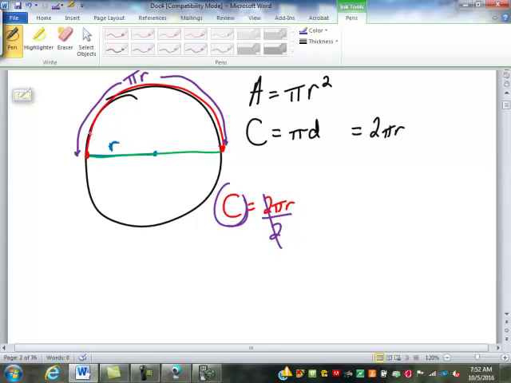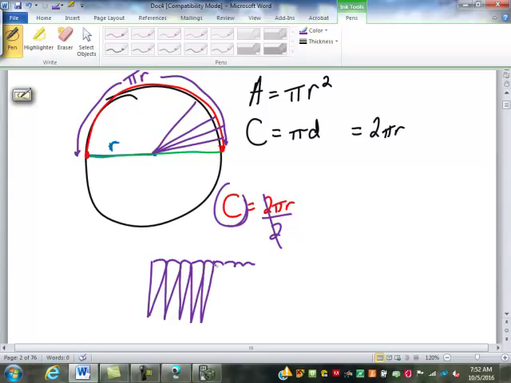The reason why I'm doing that is I'm going to now take that half circle and cut it into really thin pie slices, as thin as I can cut it. I'm going to fan out those pie slices so it looks kind of like the teeth of a comb.